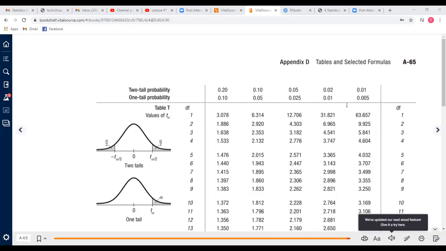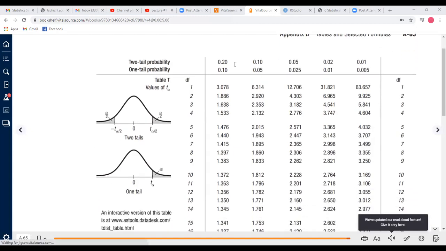In your textbook, Appendix D, page 65, is the t-table. The way you look at the t-table, the first thing you see here is the degrees of freedom. Remember we said the degrees of freedom is n-1.